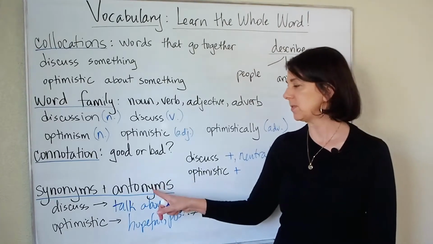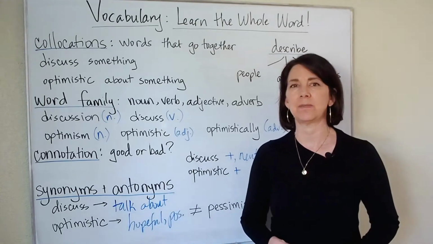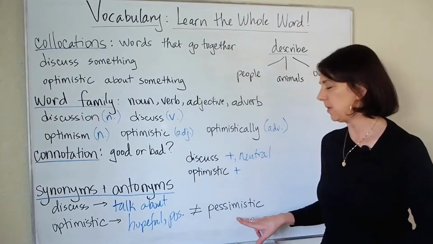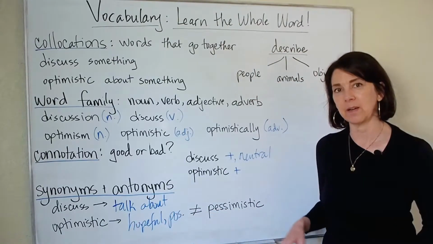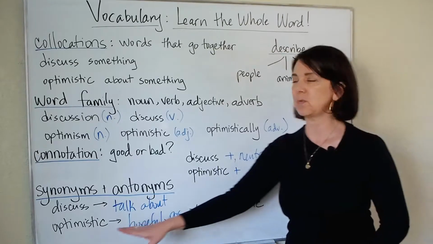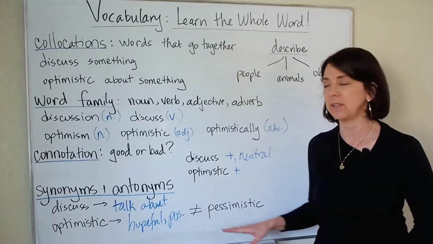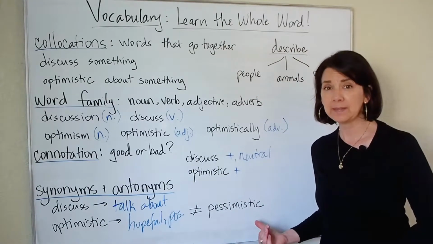And then you also want to think if there are antonyms. So we don't really have an antonym for discuss, but we do have the antonym for optimistic. The opposite of optimistic is pessimistic. And these words you really should learn together. If you learn optimistic, you should know that the opposite is pessimistic.